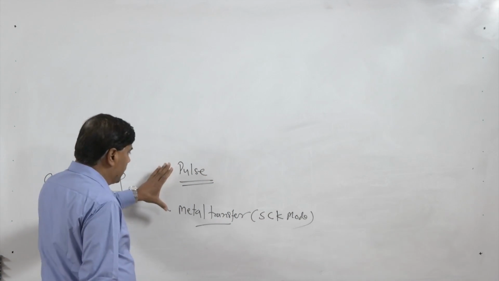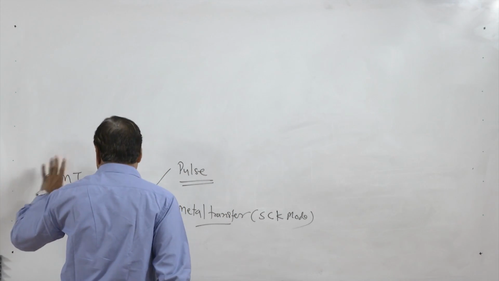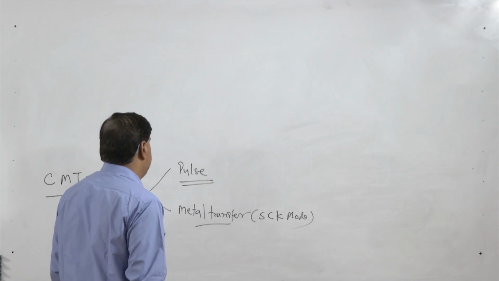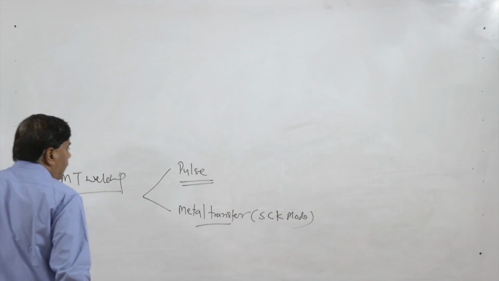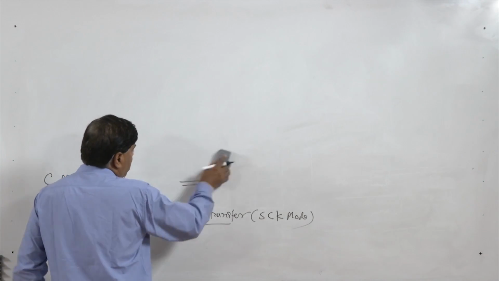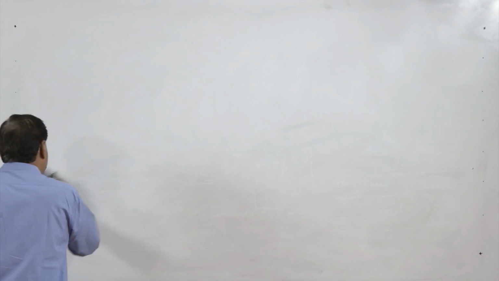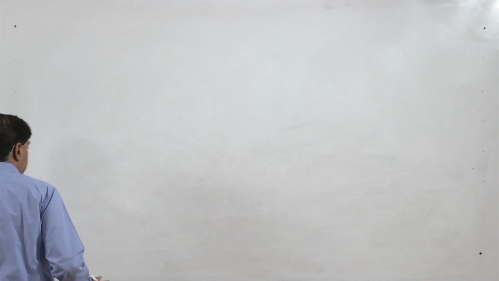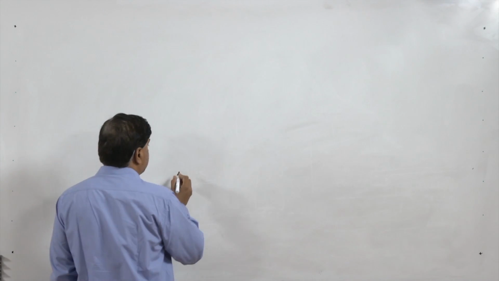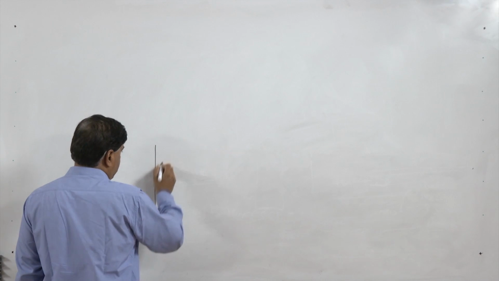So these two things are clubbed in case of the cold metal transfer welding. How is it realized? For this, using the electronics and the controlled movement of the electrode, what is done in this case, like say this is the electrode.